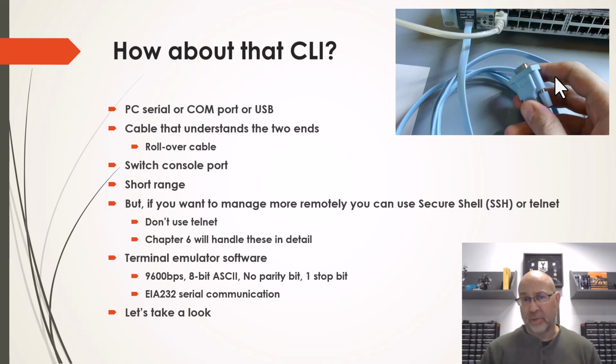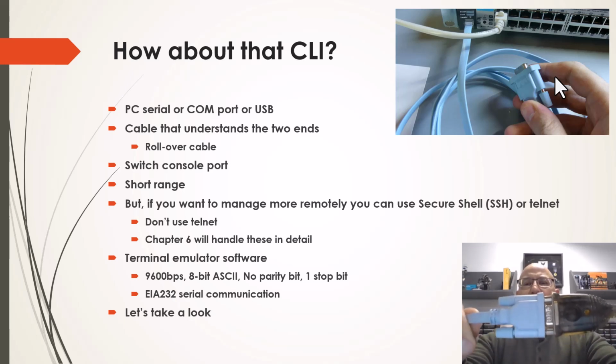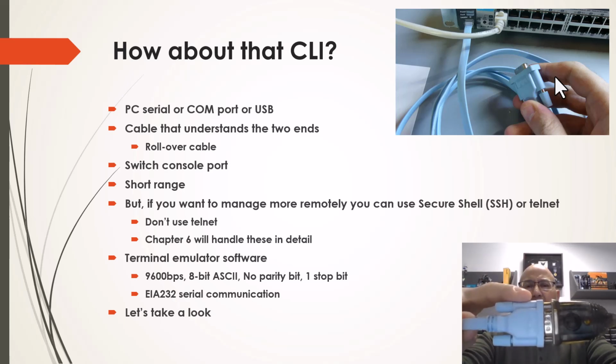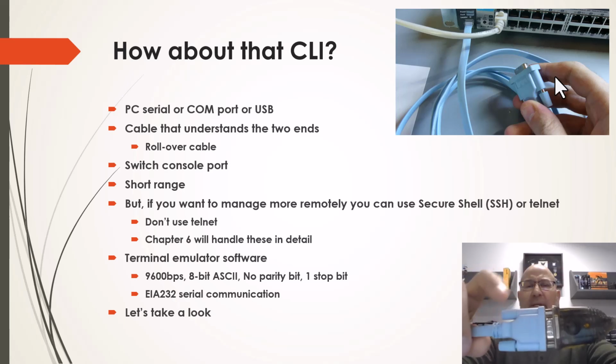EIA 232 is the standard. If we're going from a PC COM port, we don't have to do any conversion except maybe for this connection right here. So this connection right here is going from the DB9, right? In this case, to an adapter of some kind.